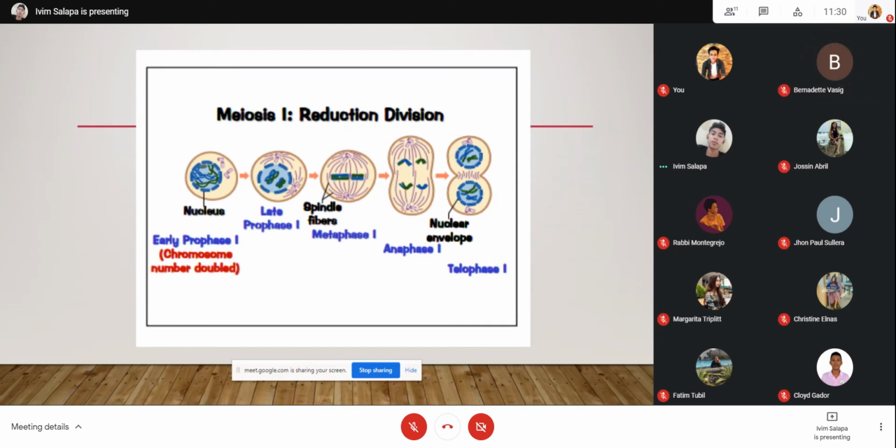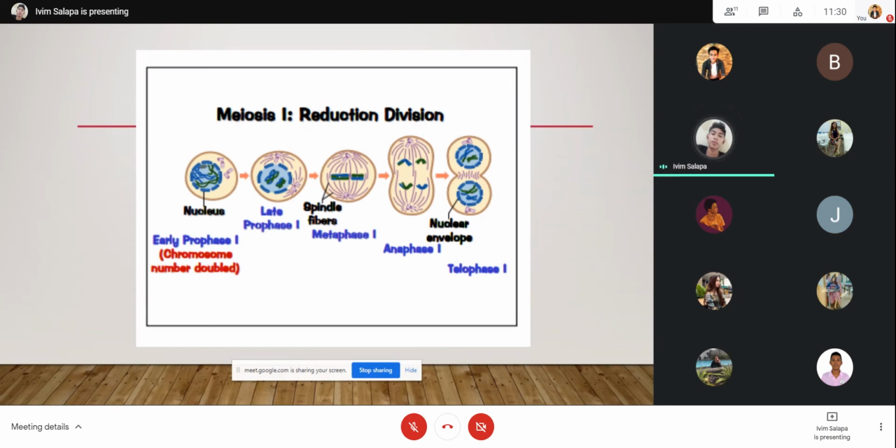During synapsis, crossing over happens. Crossing over is the exchange of genetic material. They are similar, but not exactly the same, so it causes genetic variation.